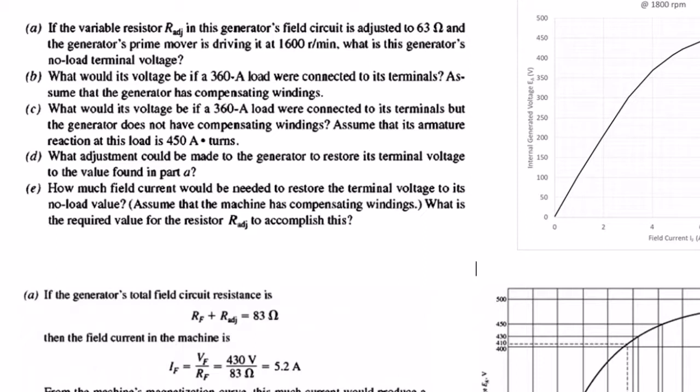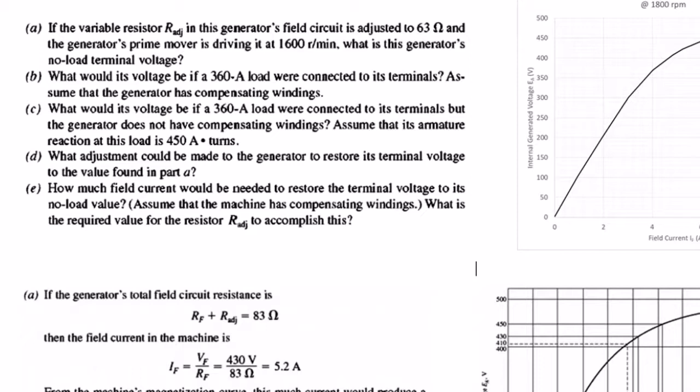Okay, to answer this question, what we are going to use is the fact that the speed is directly proportional to the internal generated voltage EA.